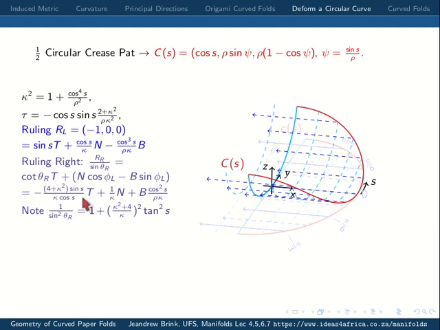Okay, and here you can also see that you can take the norm of this thing even on this strange basis, because T and N and B are orthonormal. So the norm of RR over sine theta R is simply the sum squared of these components, and that's just that.